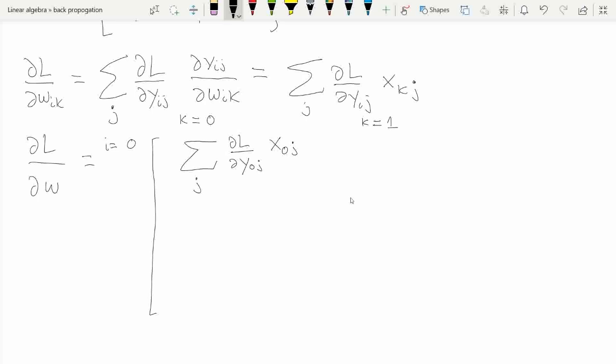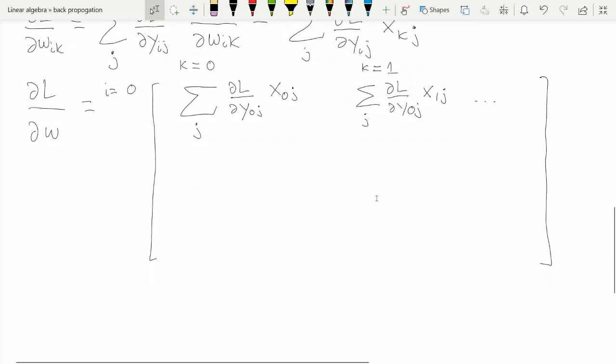So it's the sum over j of the partial of the loss with respect to y, and i is the same, so it's 0j, x 1j, and so on.